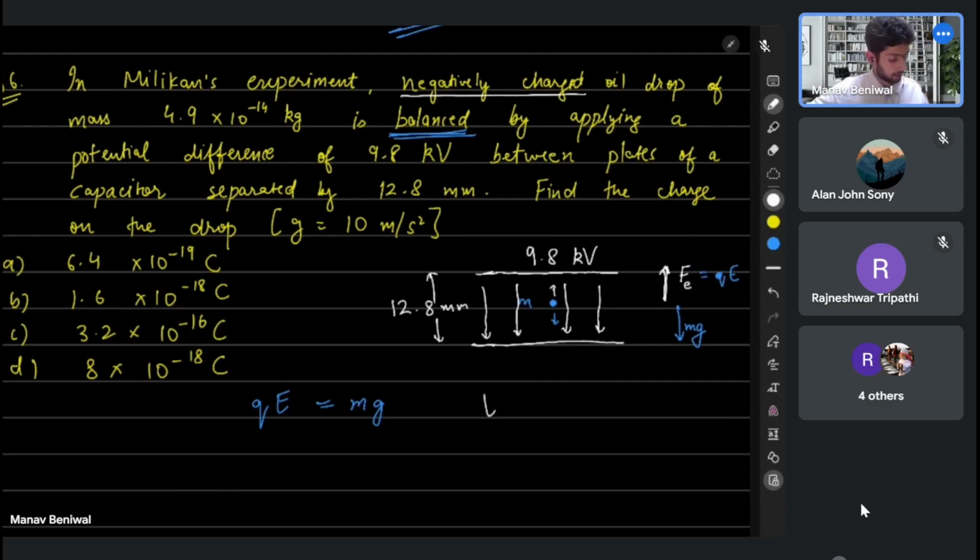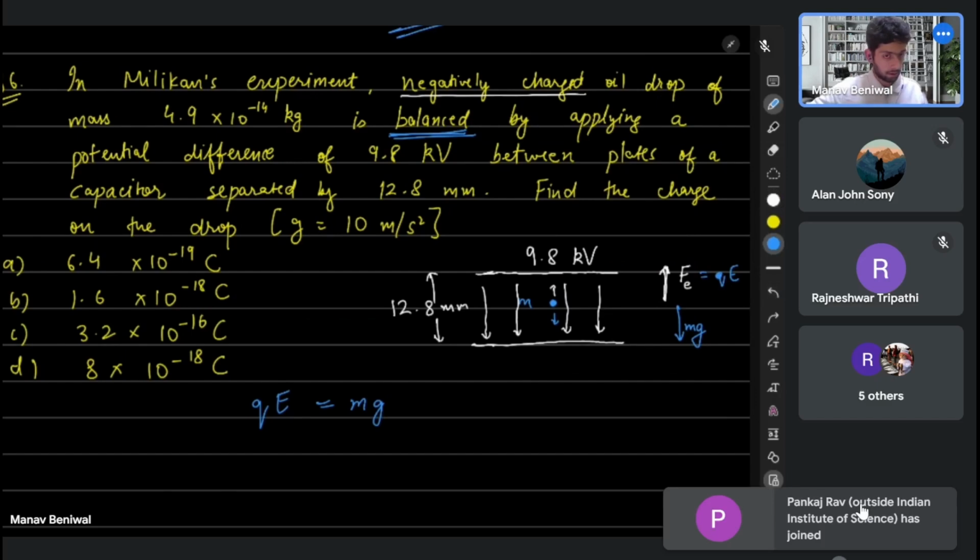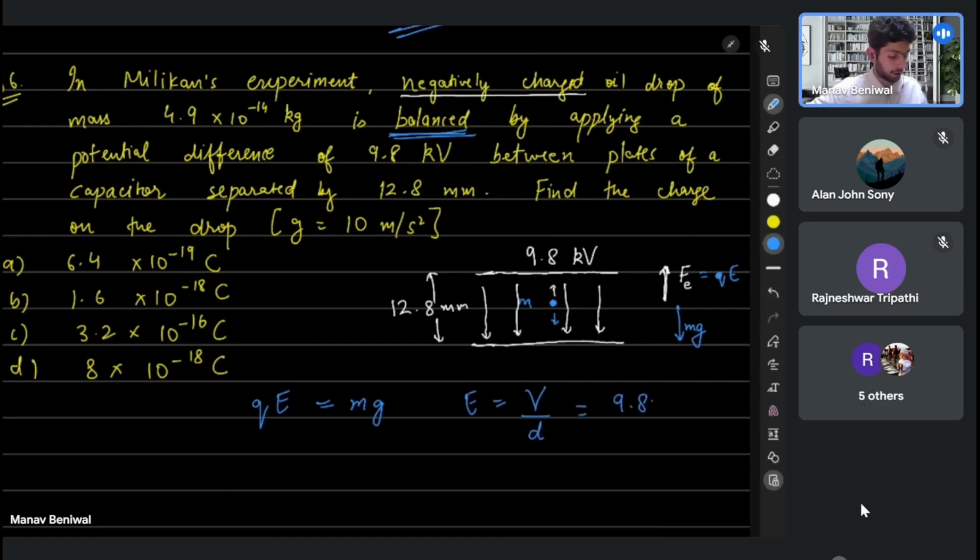So then our E will be V by d, which is nothing but 9.8 into 10 to the power 3 upon 12.8 into 10 to the power minus 3. Yes, so let us then plug in the values.